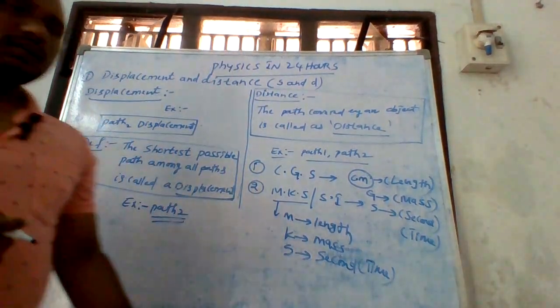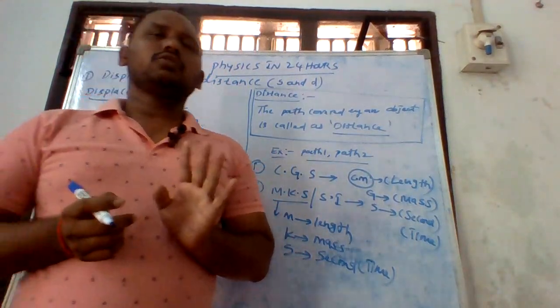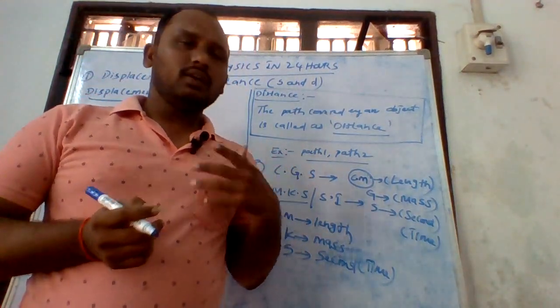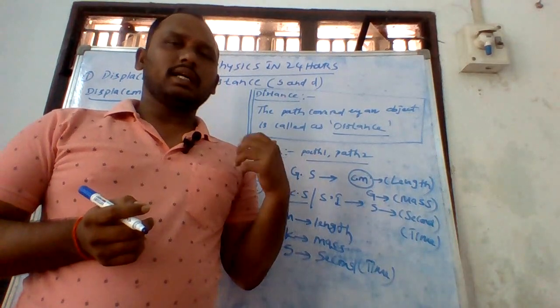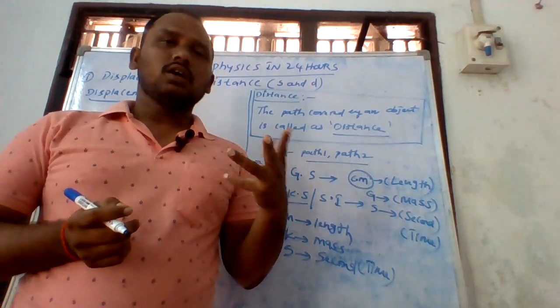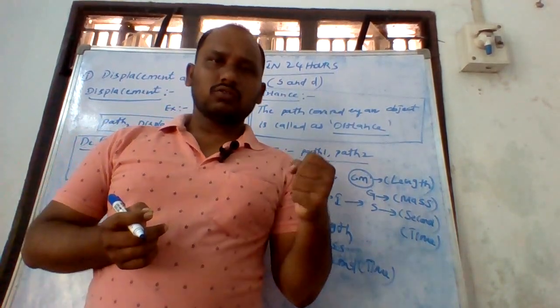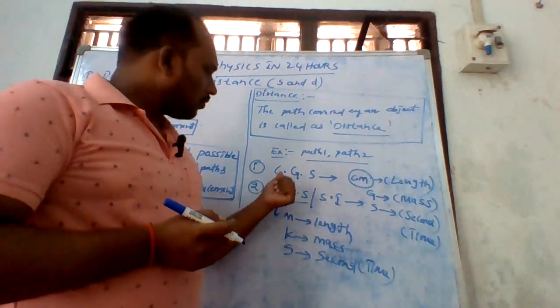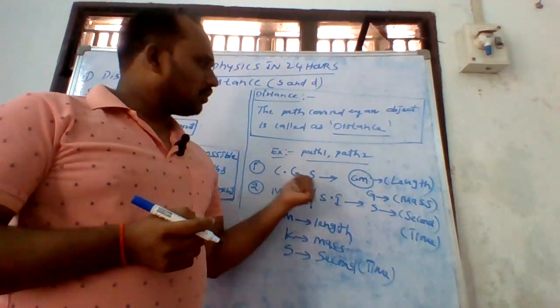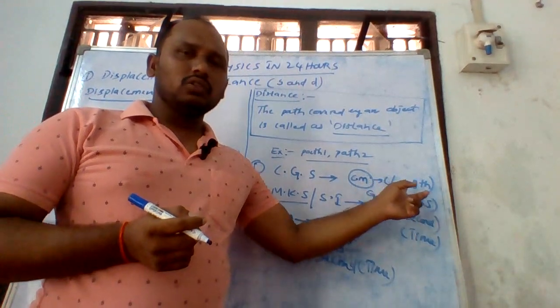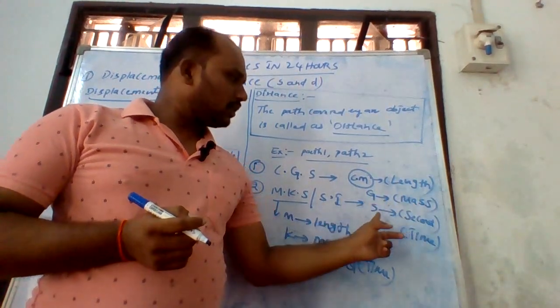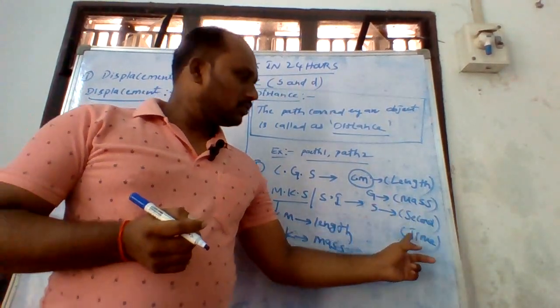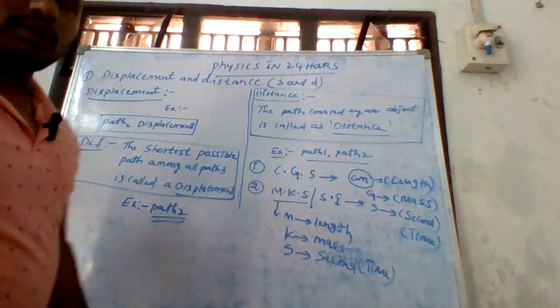So keep in mind guys, generally in physics we use these notations and words every day. The first is CGS: C stands for centimeter, used for length, G for mass, and S for second. Second is always the unit for time.